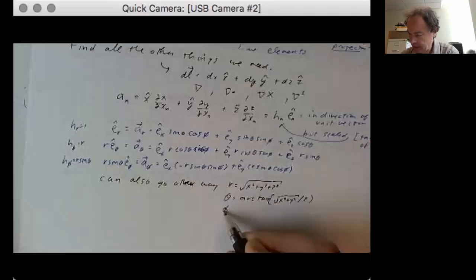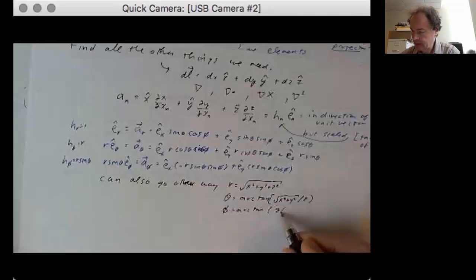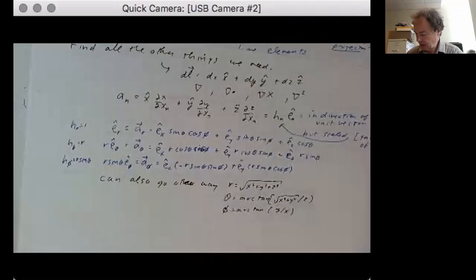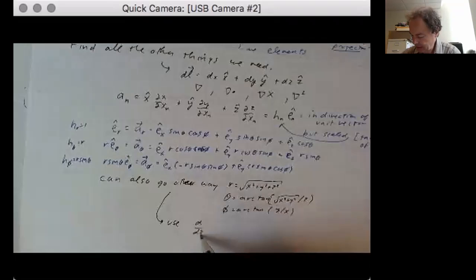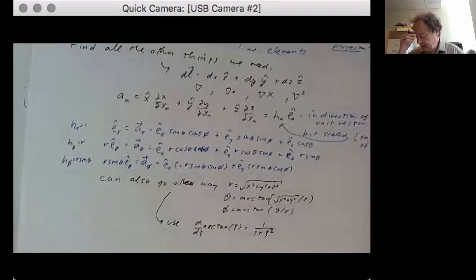And phi is equal to the arctan of y over x. If you're actually going to go the other way, you might need the derivative with respect to c of the arctan c is equal to 1 over 1 plus c squared. And from that, you can go through and get e_x, e_y, and e_z from the other factors.